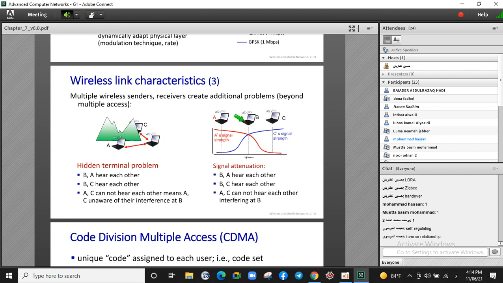In the right scenario, there is no obstacle, but A and C are far from each other. So their signals would be received on the other side while the power is very low. Its SNR is lower than the minimum threshold of the receiver.